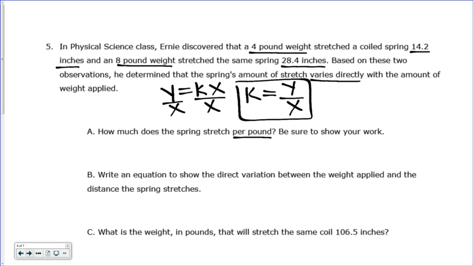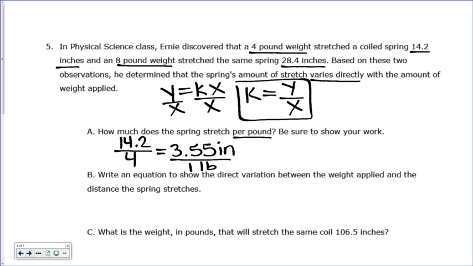So I'm going to put 14.2 inches for 4 pounds. And if I divide that out, I end up with 3.55. So 3.55 inches for 1 pound.